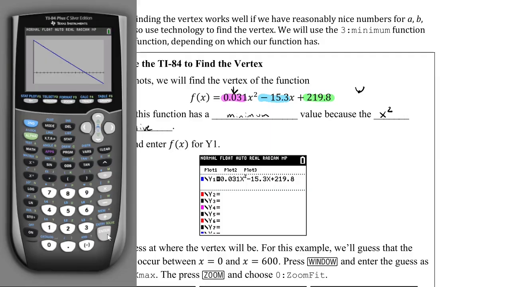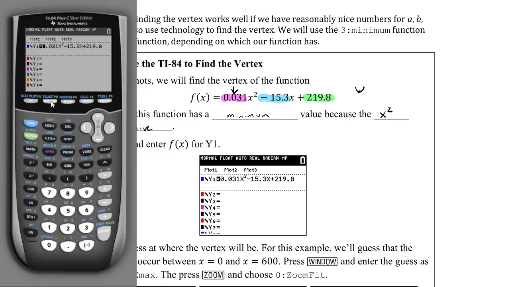That doesn't look like a parabola. That kind of looks like a straight line, actually. I might double check that I entered my equation correctly. I did. I've got an x squared. So this graph really is a parabola. We're just so far away from the vertex, we can't even see it curve.